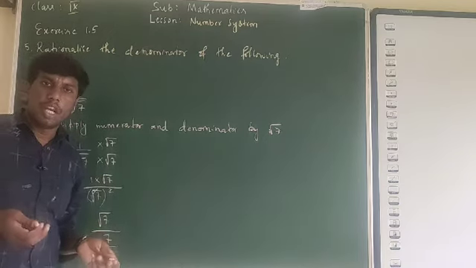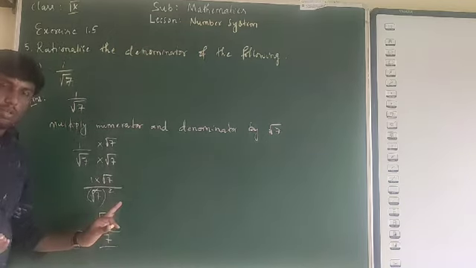Remember that root 7 by 7 and 1 by root 7 are both irrational numbers. Only the denominator: the question gave an irrational denominator, and we bring it to a rational number. So this is the first question, the rationalizing the denominator concept.